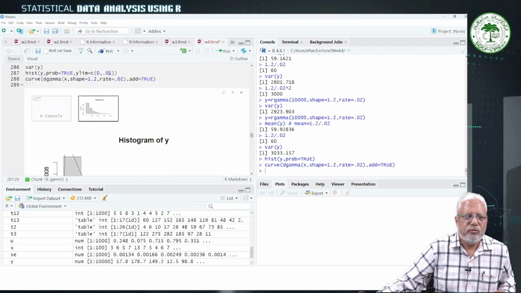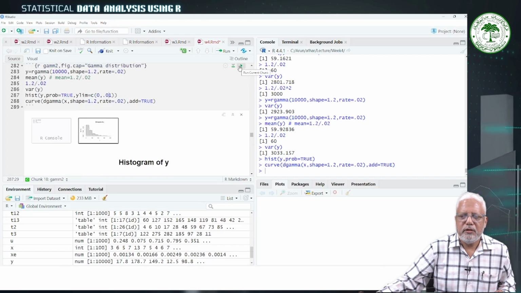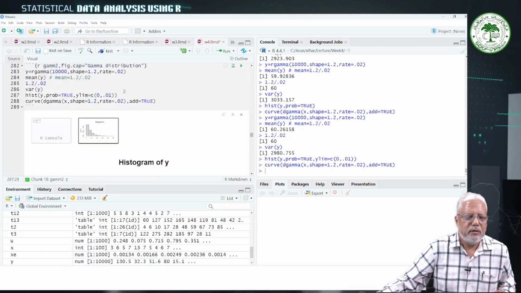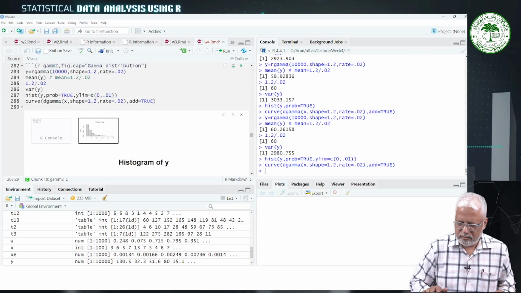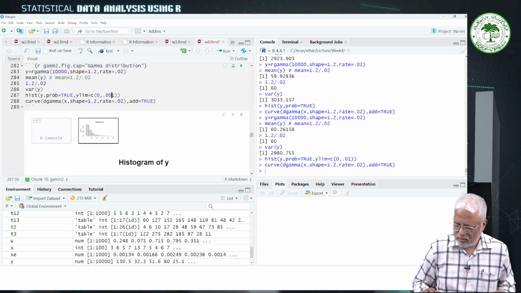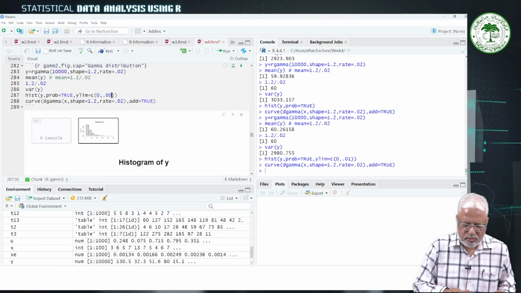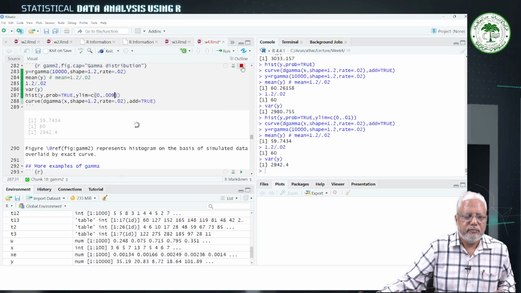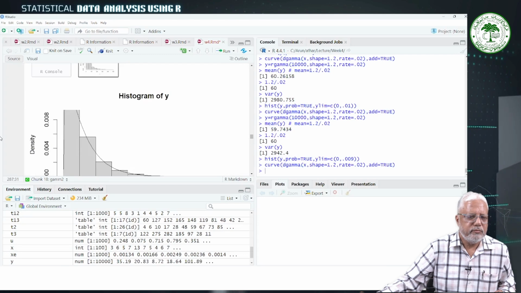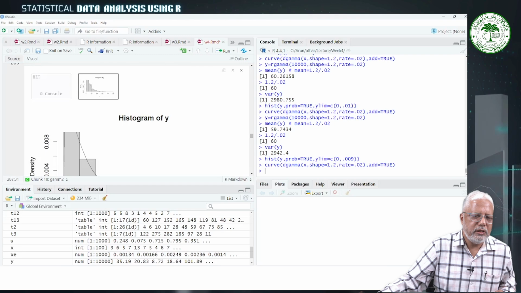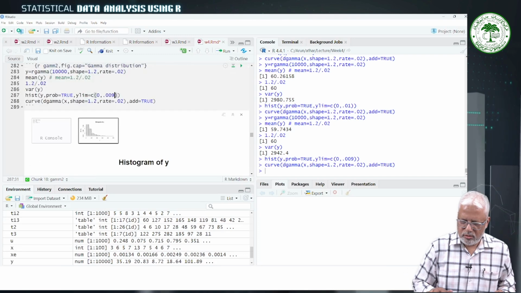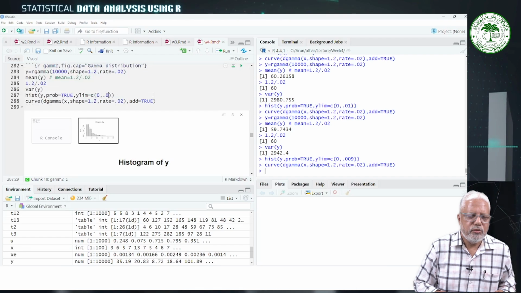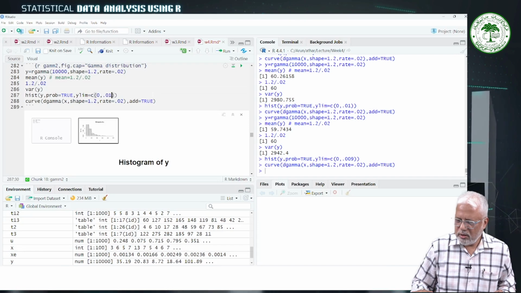So when we run, still it is cutting at 0.009. Let us try 0.018.